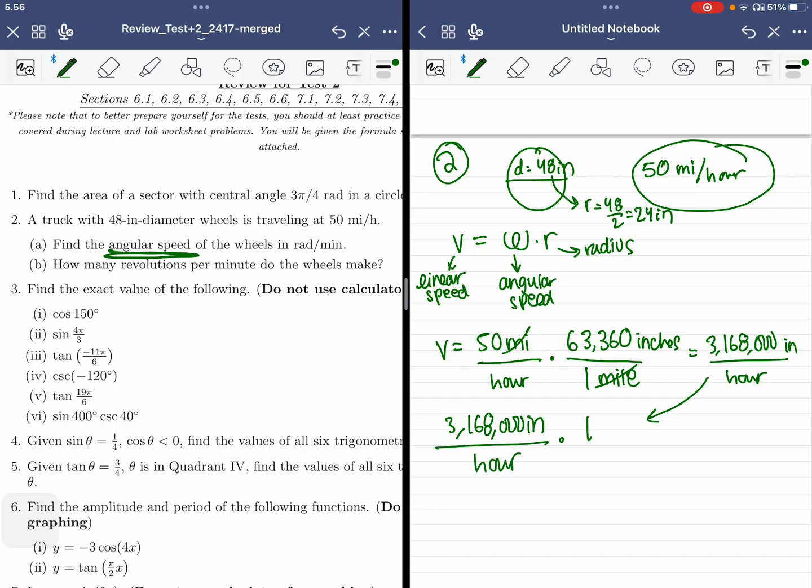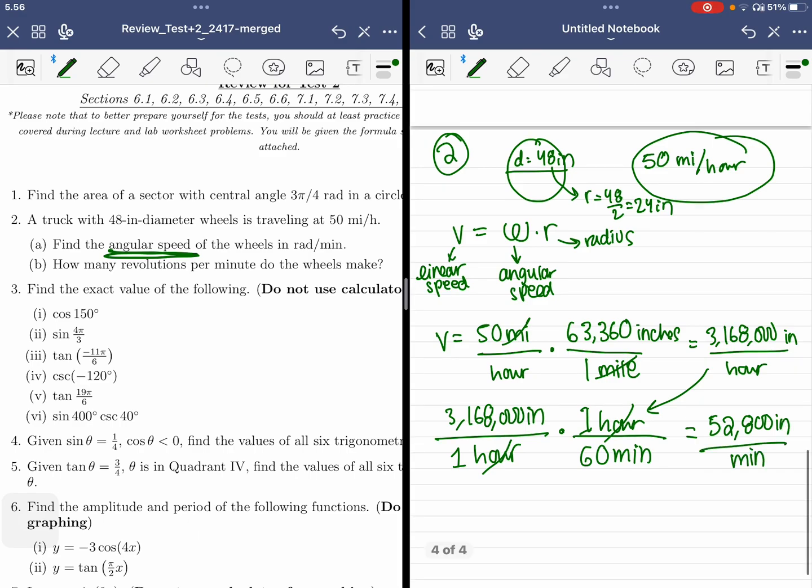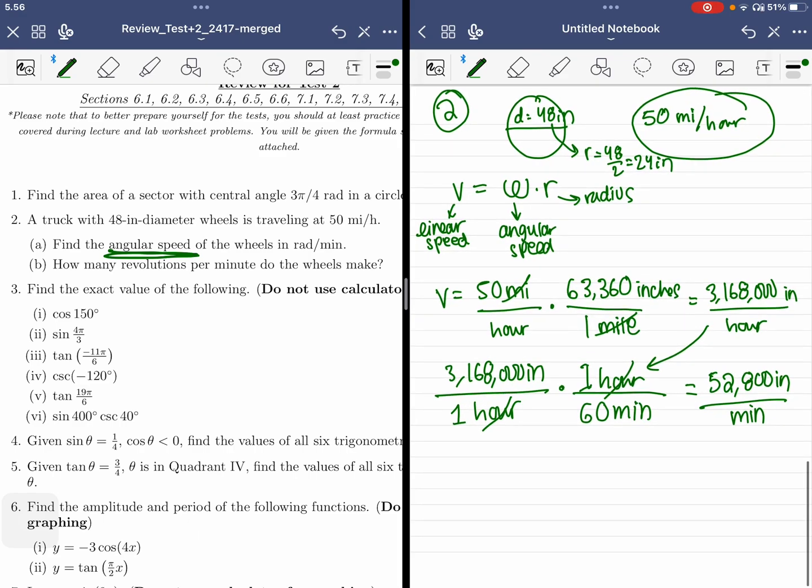So 1 hour is 60 minutes. So we can cancel these out. So simply divide 3,168,000 divided by 60. That's 52,800 inches per minute. Okay, so that's good. All right.